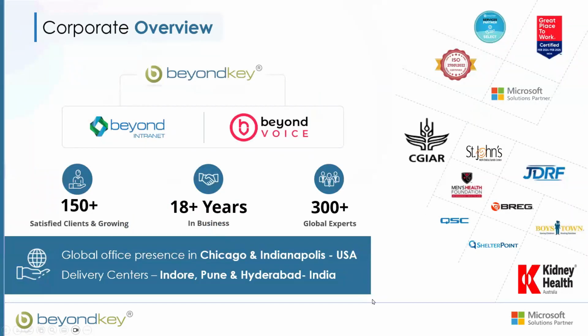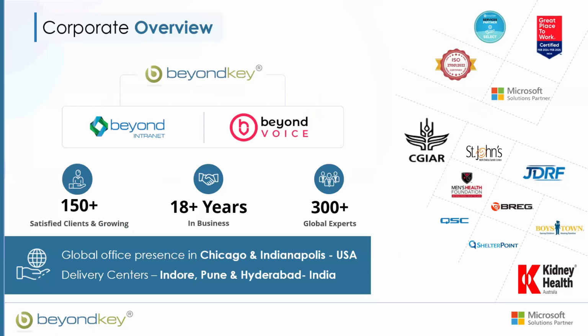With that said, let's talk about number 1, who are we? Beyond Key is a software development and solutions organization. We have a few different divisions underneath us. The first one is Beyond Intranet, which provides Intranet Microsoft 365 solutions like SharePoint. We provide, obviously, Power Platform, which includes Power BI, as well as Azure, and then Dynamics as well.